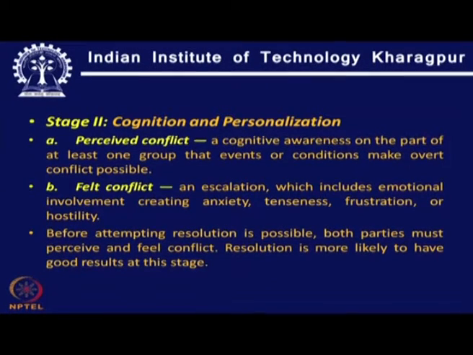B is felt conflict, where there is an emotional attachment, so escalation which includes emotional involvement, creating anxiety, tenseness, frustration or hostility.